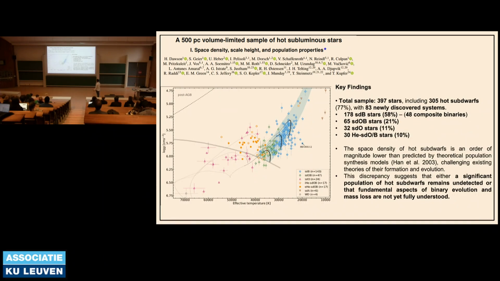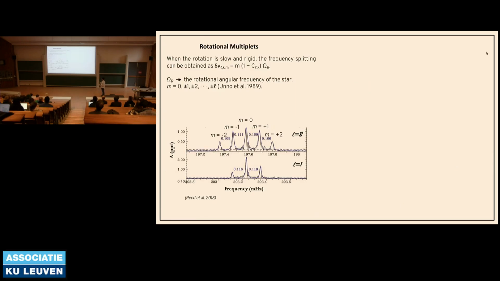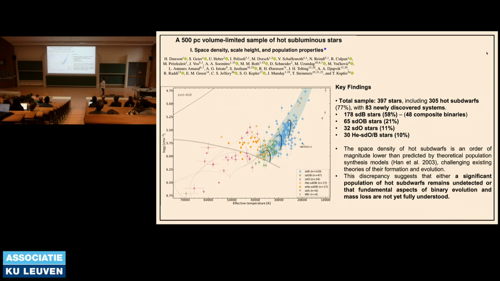Or it can be both. So we are still doing follow-up observations from Chile and from the Canaries to characterize all sdBs within 500 parsec, to find an answer to these important questions.